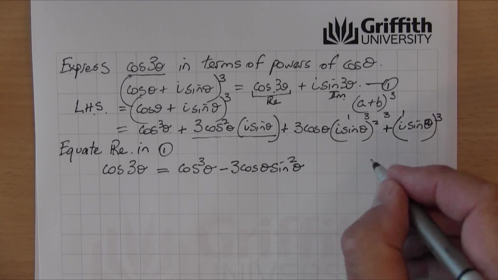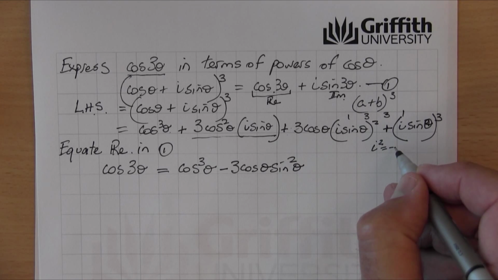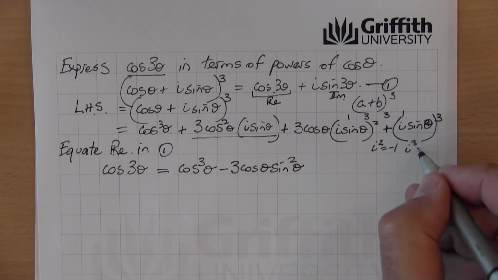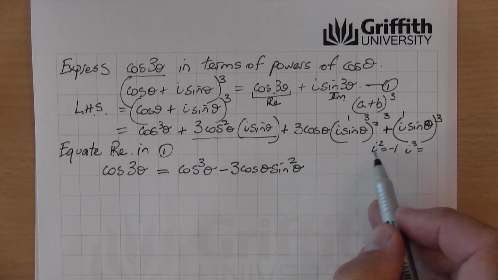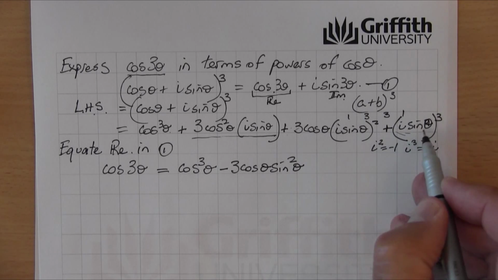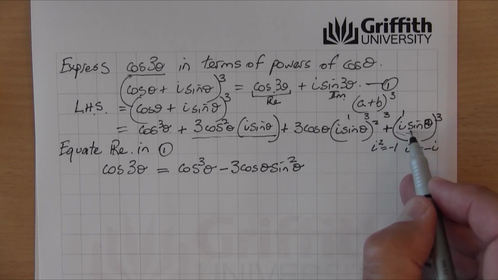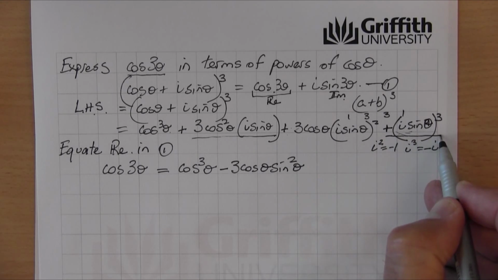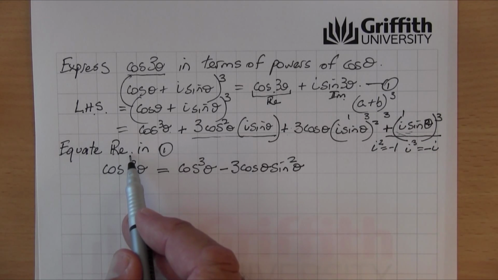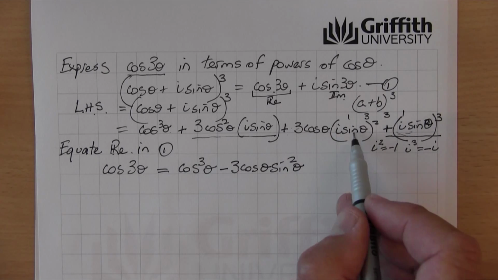When you cubed i, i squared is negative 1, and then for i cubed, we multiply both sides by i, it's negative i. So when we expand that out, we'll get sine cubed theta negative i. So this will be an imaginary part. So we don't want that one either, because we're equating the reals. So going back to this one here, how does this become a real?